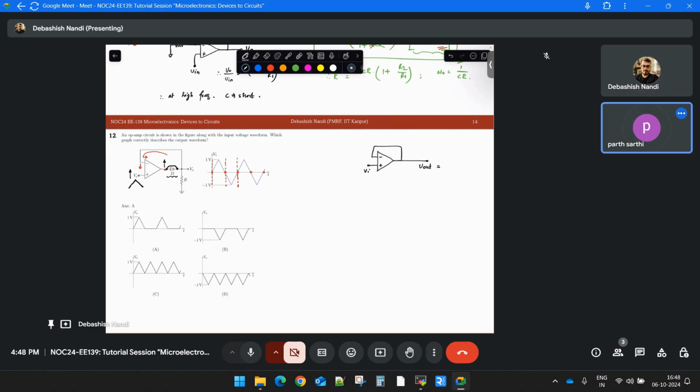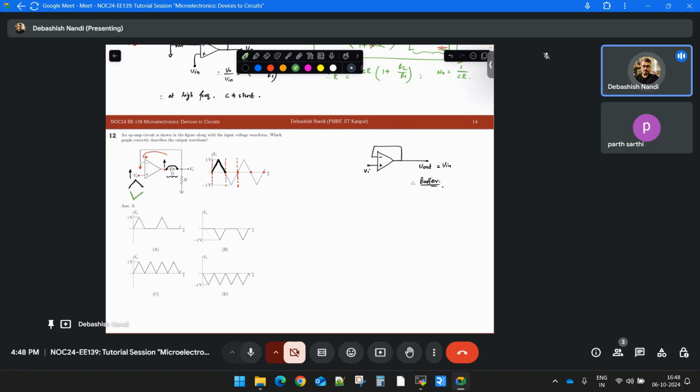V in. And your V out and V in is connected. That means your V out is V in, so it is unity gain, right? It is kind of a buffer. So at the positive half, the output will just mimic this one. And what about the negative half?